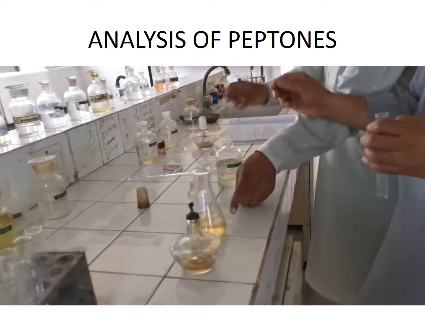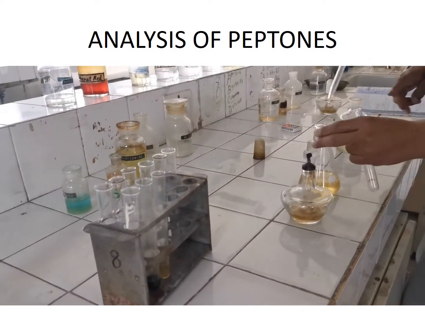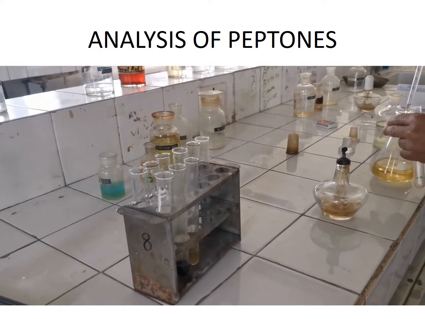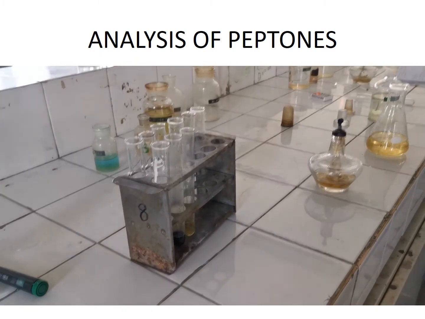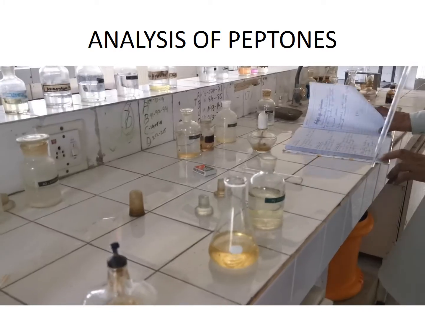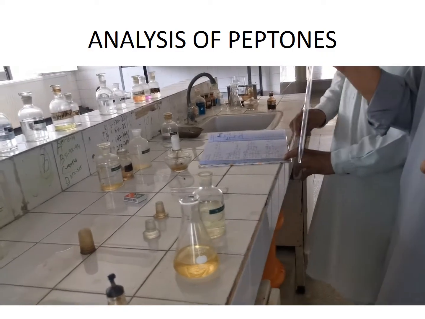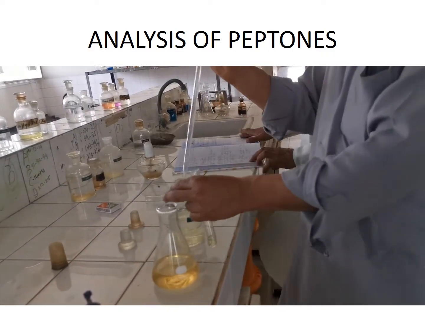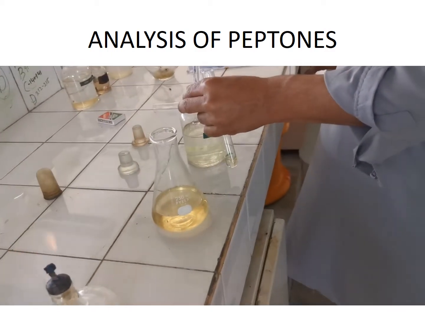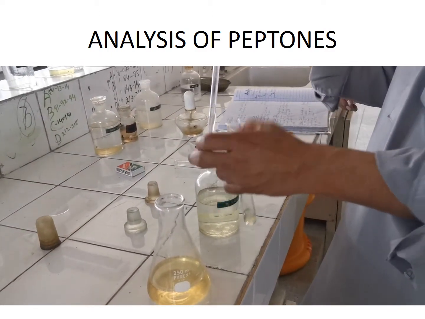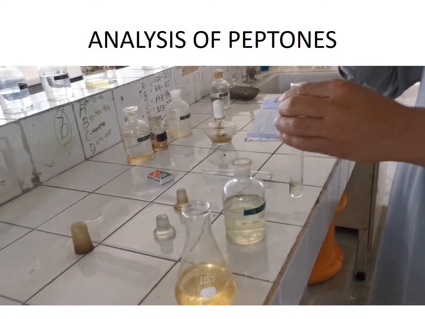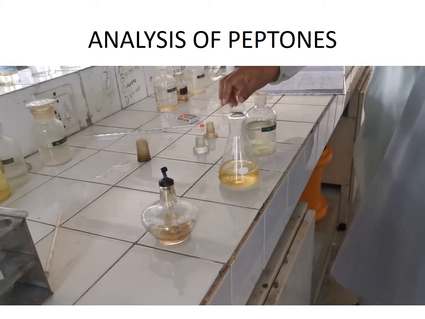Next we are going to perform Millon's test. We'll take 2 ml of original solution and we are going to add 1 ml of Millon's reagent. We'll mix it and heat it till it boils.